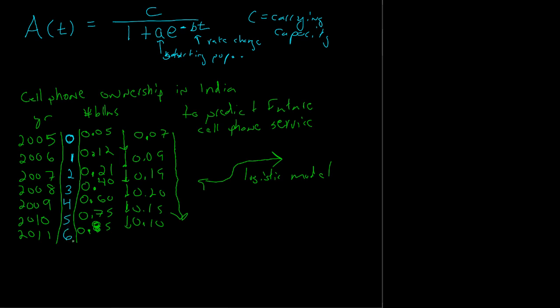So if I want to look at 2014, then t is equal to 9, because that's 9 years. 2012 would be 7, 2013, 8, yeah, t is 9. And so this makes it easier. We don't have to put these big numbers into our t.